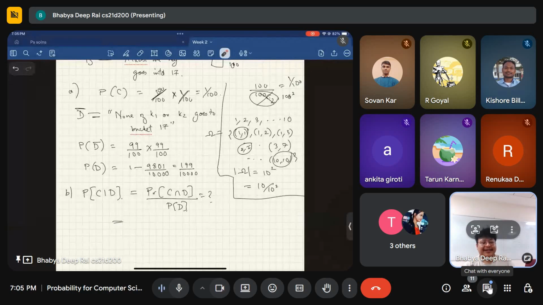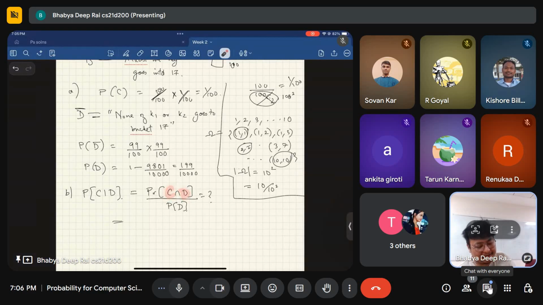And D is that at least one of them is going to bucket 17. So if both collide and at least one of them goes to bucket 17, then it means both are going to bucket 17.